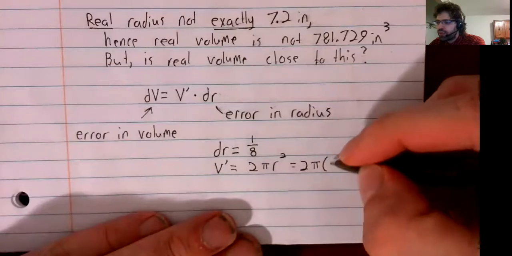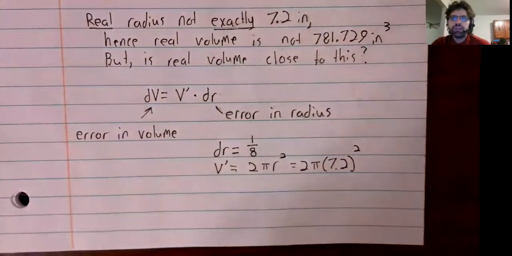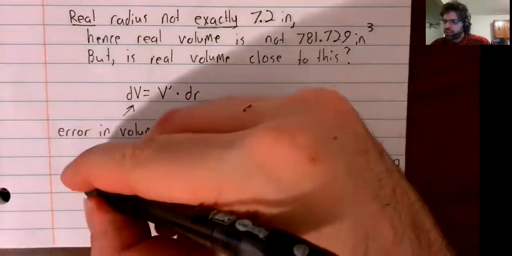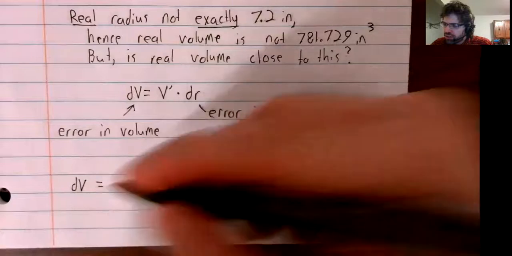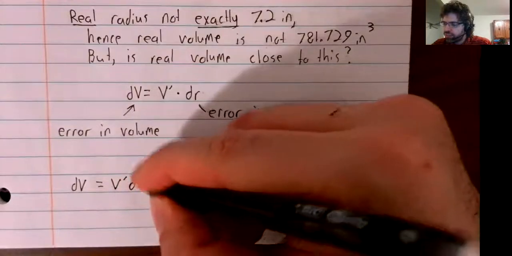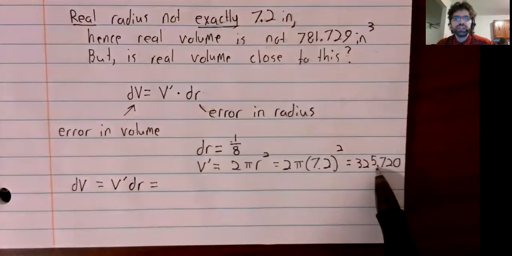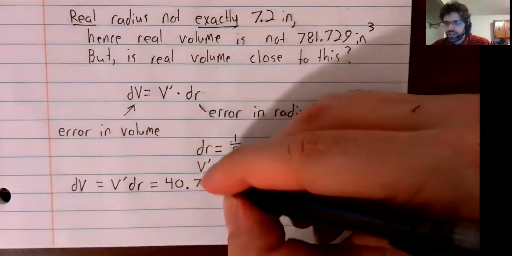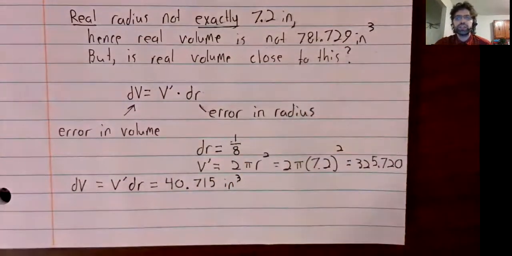So 2 pi times 7.2 inches squared. And the error in the volume this causes, of course, this is just an approximation, but it's v prime dr, the product of this and this, which is 40.715 cubic inches.